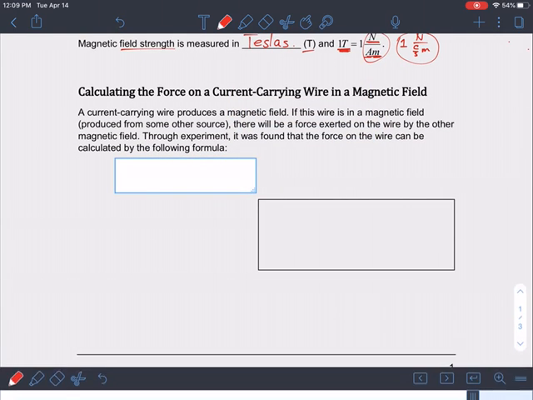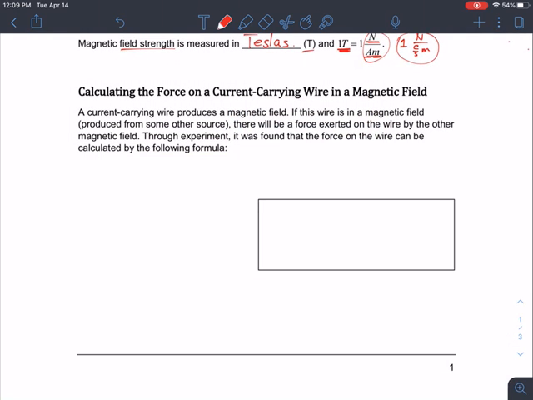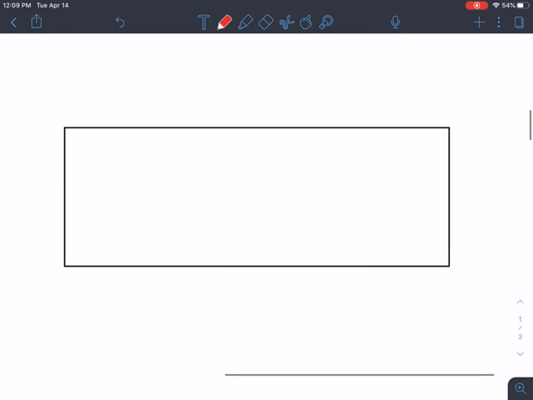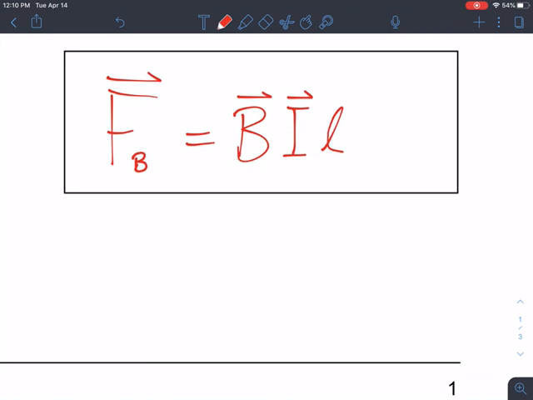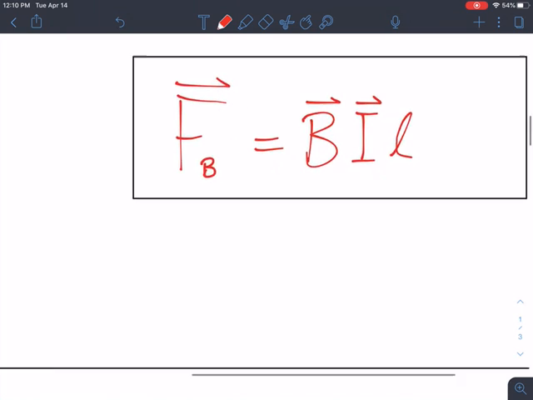Here is the formula that we're going to use that was found. It goes like this: F_B equals B I L. There it is. Great formula.